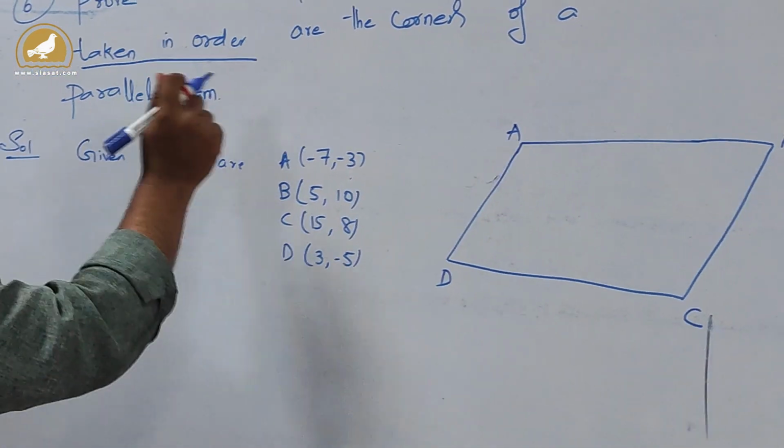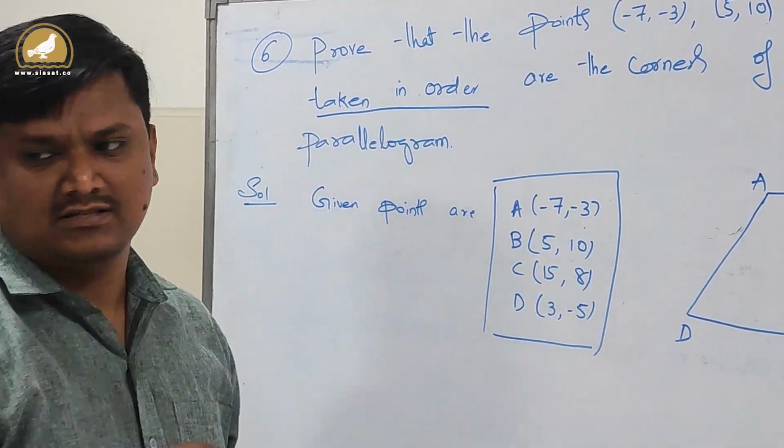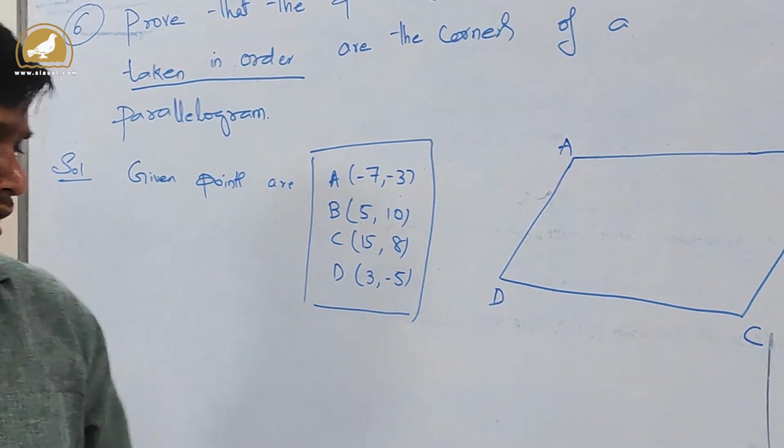So what they are asking us to prove is that these 4 points form a parallelogram.